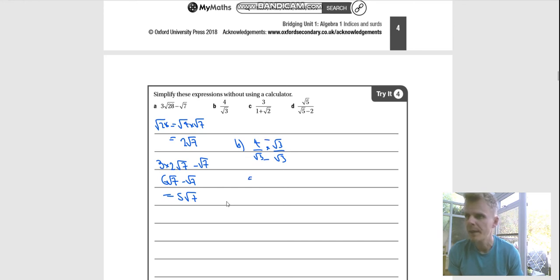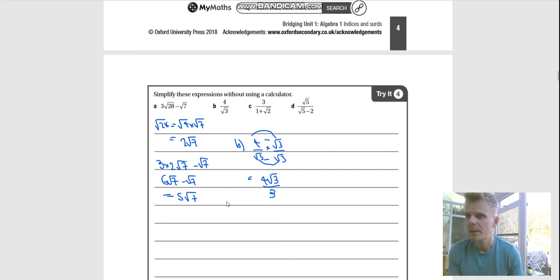That ends up with 4 times root 3, which is 4 root 3. But then root 3 times root 3 takes us back to 3. If I multiply a square root of a number by itself, I get back the original number, so that gives us 4 root 3 over 3.